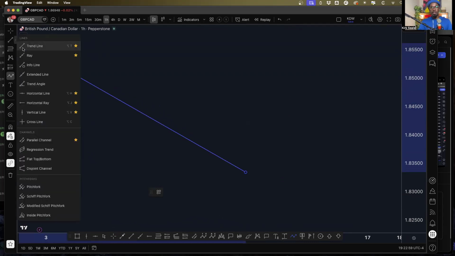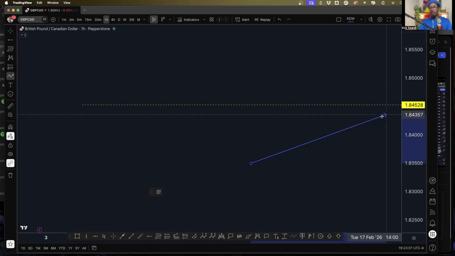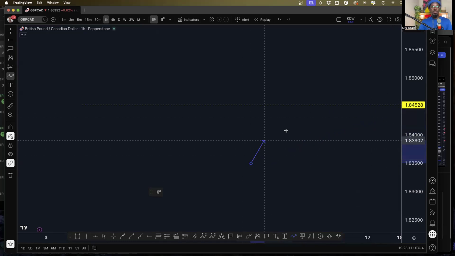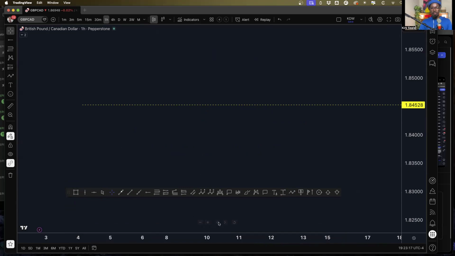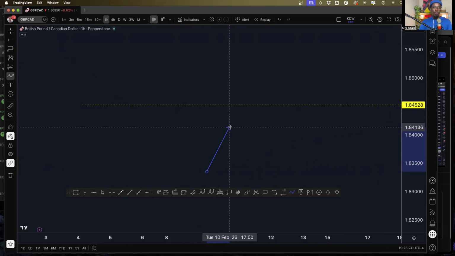So if the current price, if you follow my yellow line, if the current price of that relationship was 1.84528, that is telling us at this point in time, right this second, that for one British pound, we would get $1.84 Canadian dollars.